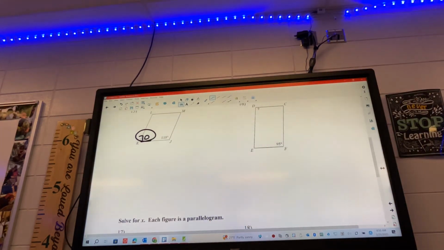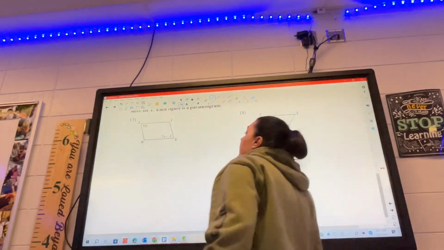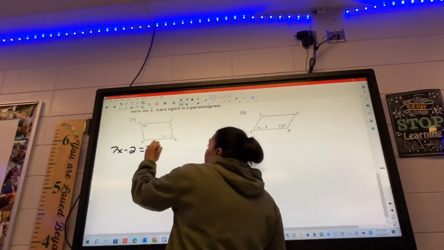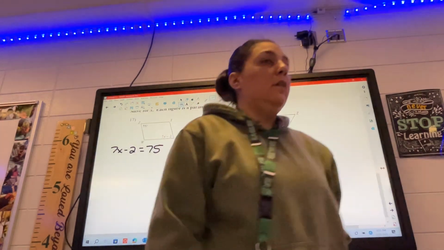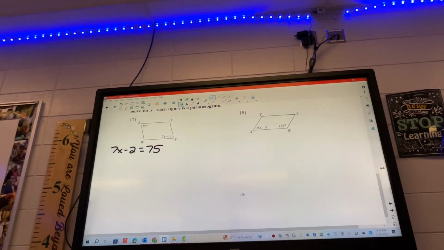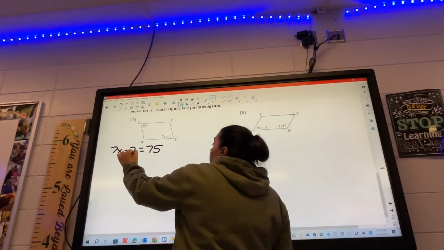Okay, 17. Is that same sides or opposite corners? Opposite corners, so we're going to set them equal. Which one should you write down first? 7x minus 2, the one that has the x, equals 75. Who's getting moved first? The 2, so we're going to say plus 2, plus 2.